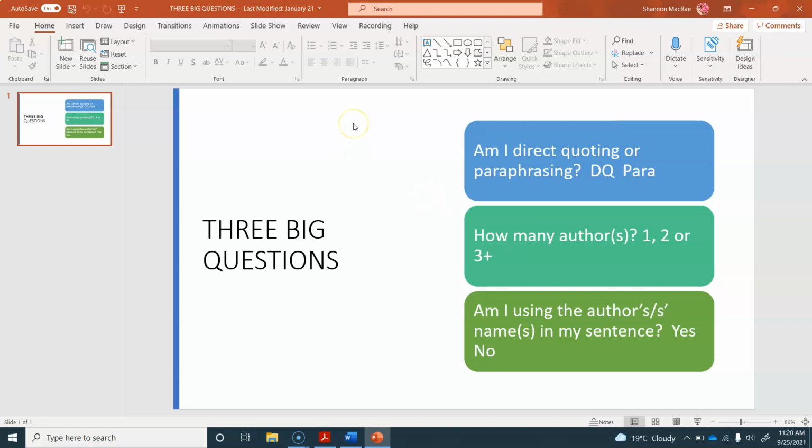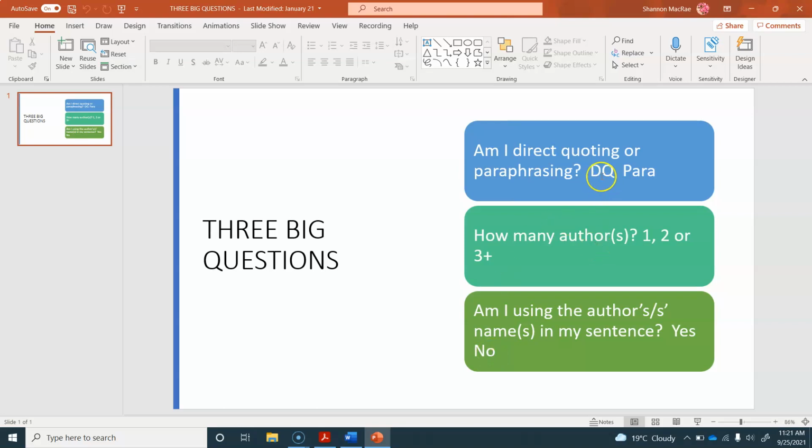So basically it breaks down this way. Depending on your answers and your variation within those answers, you're going to be following different rules. So for example, if I'm paraphrasing and I have two authors and I'm not using the author's names in my sentence, I'm going to follow one pattern.